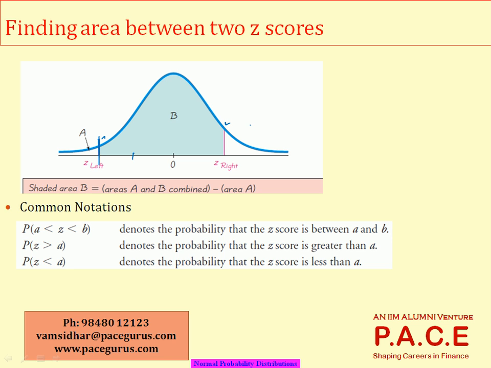Let's say I want 95% of the area, so probably leaving out 2.5% on the left-hand side and 2.5% on the right-hand side.